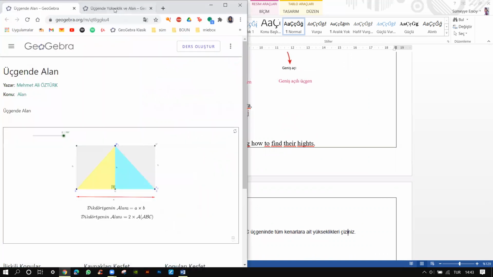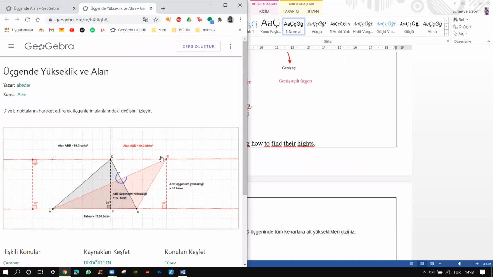Let's see this question. And first I will begin this, and then it goes to obtuse angle, and their height is here.